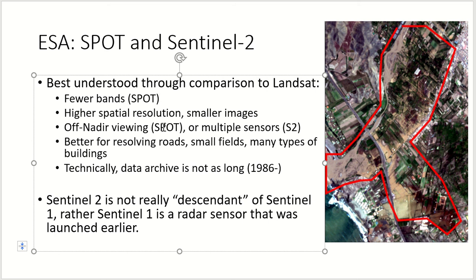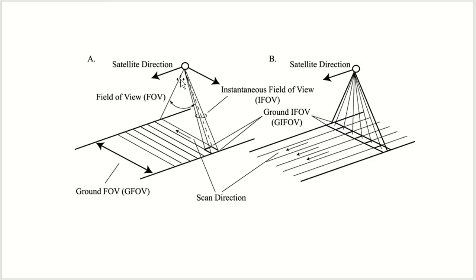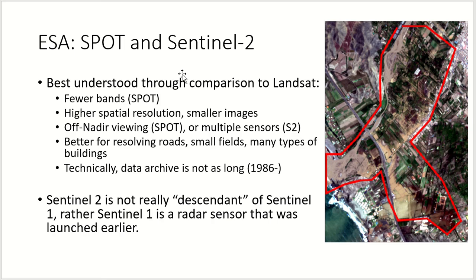SPOT has the capability of off-nadir viewing. So kind of just as a mirror is used here to make record of any reflectance along the track of the sensor, mirrors can be used to image areas not only just below the sensor, but also at an angle. Through doing so, you can constrain the elevation of the surface, and also effectively shorten the revisit period.